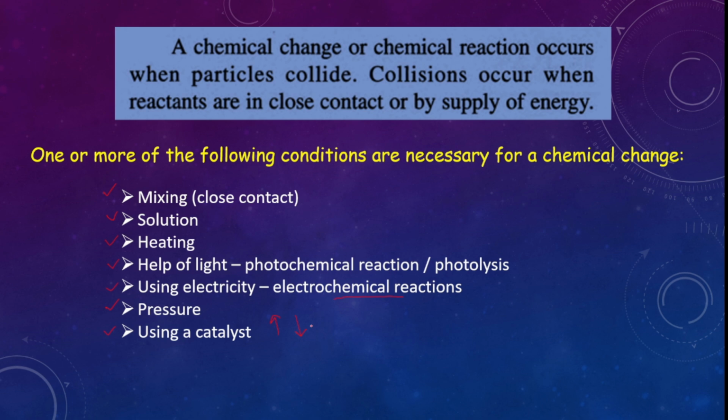They will increase or decrease the speed of the reaction, but they will not take part in the reaction and form products. Such substances are called catalysts. Palladium, different things are there. Detail you will study in later classes. So these are the conditions necessary for a chemical change. Hope you are clear with it.